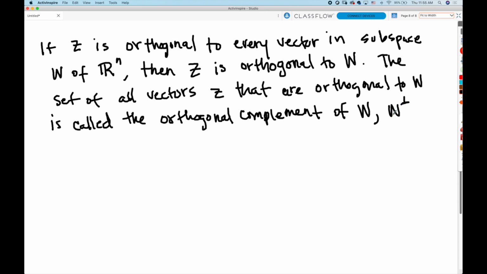Instead of saying the complement of W, we read that as W perpendicular, or W perp.